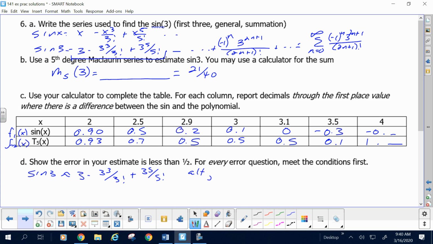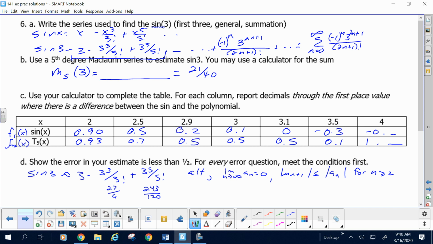The limit of the terms is eventually 0, and the terms start to decrease after a certain point. This is 27 over 6. This is 81, 243 over 120. So this is roughly 2-ish, that's 4-ish. They are starting to decrease after n equals 2.